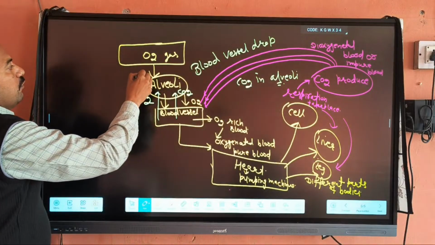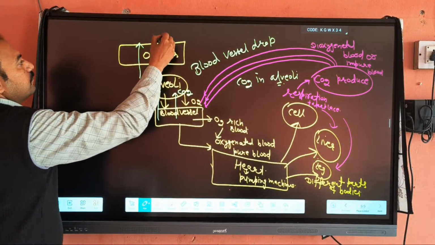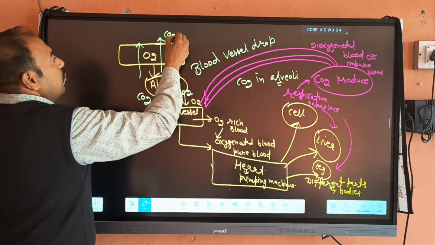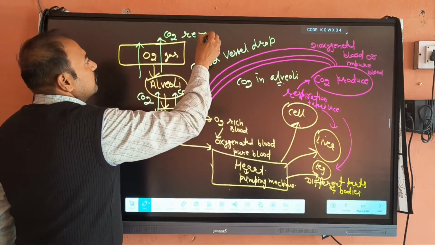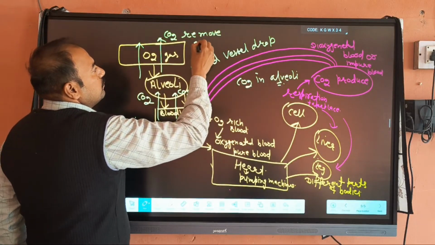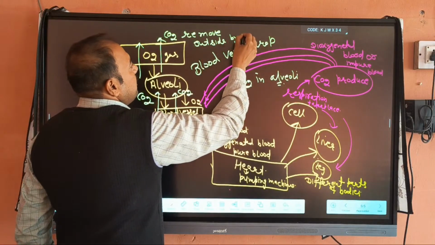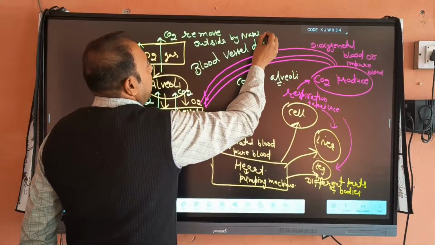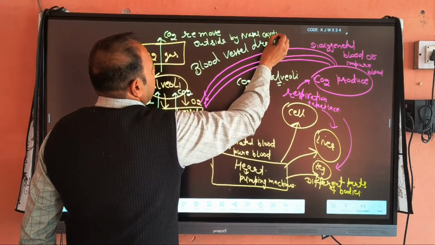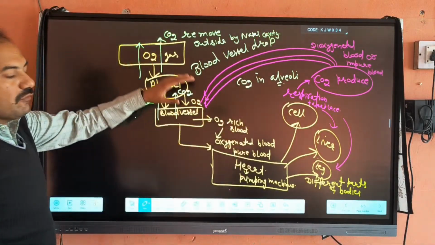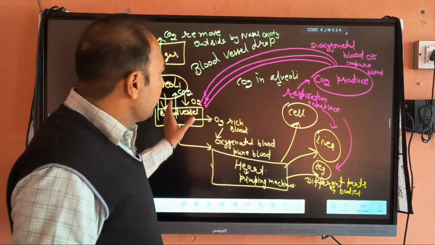This CO2 is removed outside through the nasal cavity. So this is the flow chart of the respiration process.